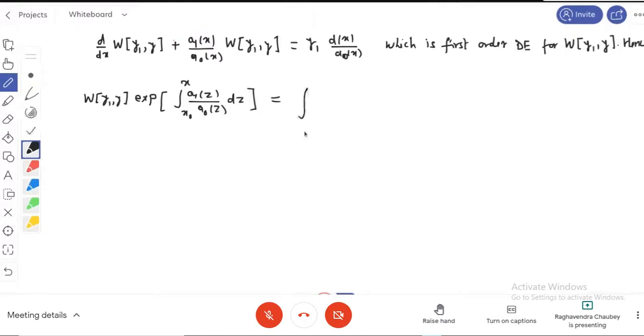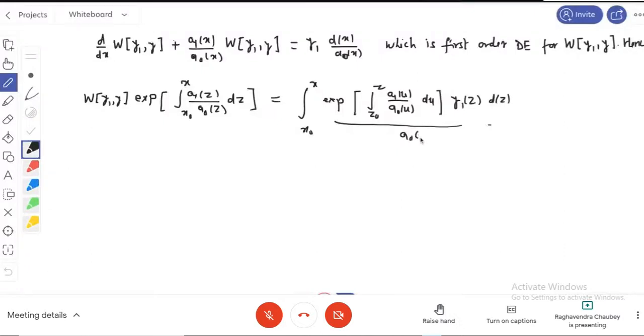This equals the exponential from x naught to x, of, say, another variable u, a1 u over a naught u du, and this is y1 z, divided by a naught z, integrated with respect to dz.